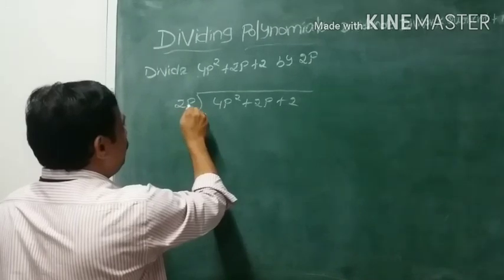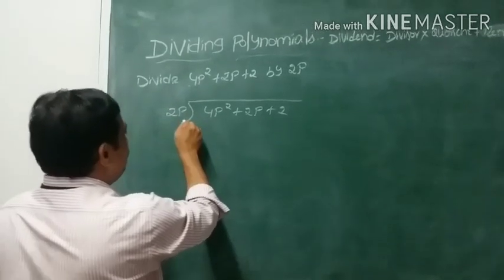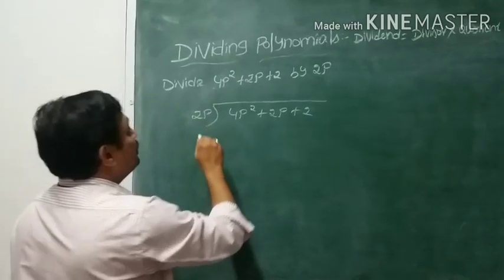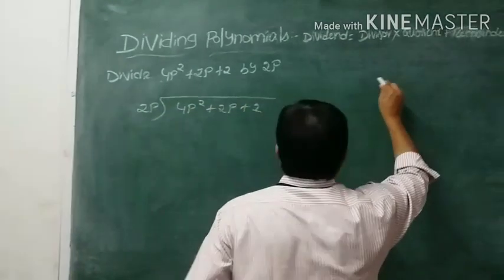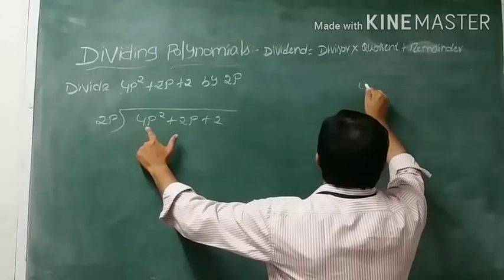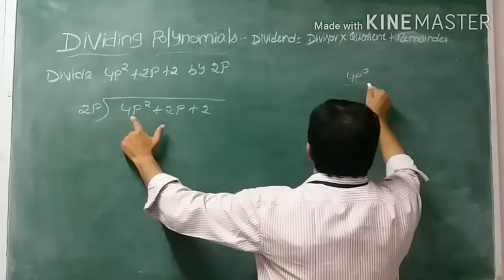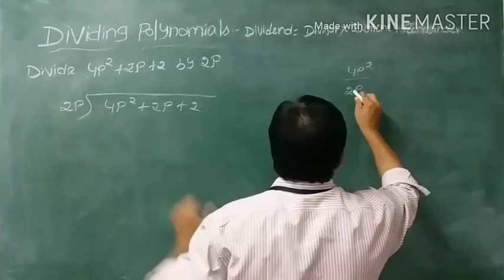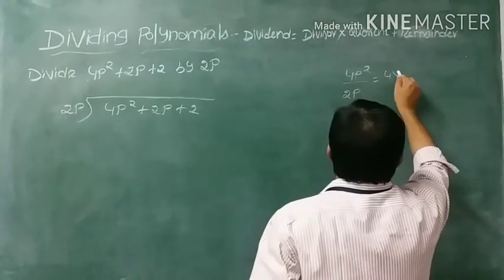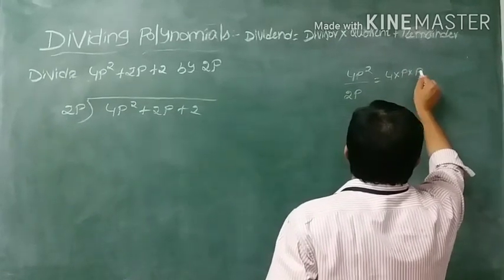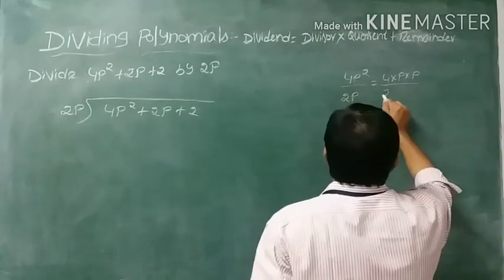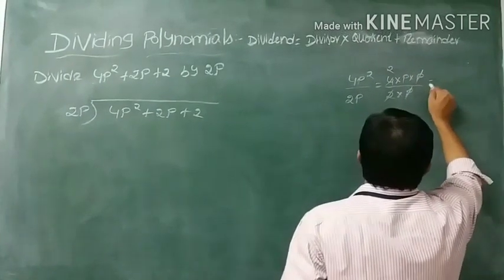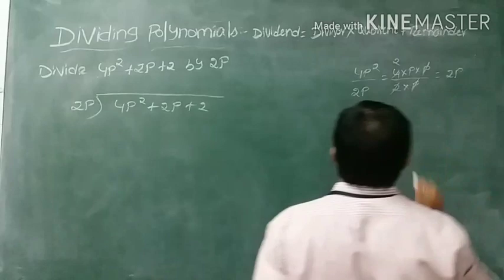Here 2 and p, that means it's one term only, but p is a literal and 2 is a coefficient. Now with 4p square, here which one is the first term? 4p square. So with the first term we have to divide with 2p only, then we will get 4 into p square converted as p into p by 2 into p. 2 ones, 2 twos, pp get cancelled, so we will get 2p.